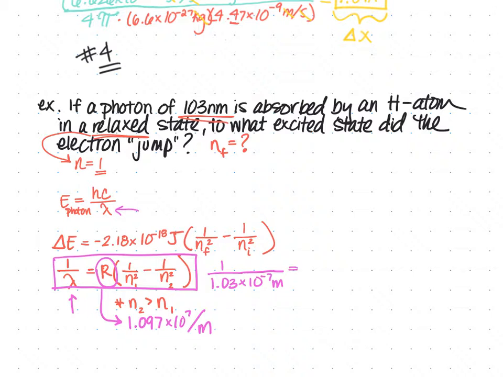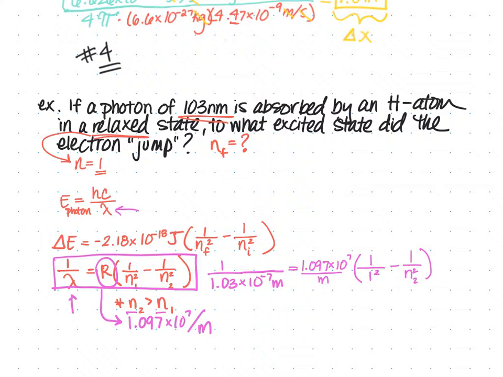That is equal to the Rydberg constant, 1.097 times 10 to the 7 per meter, times 1 over... now I know that n2 is greater than n1, since the electron started at n equals 1, the lowest possible quantum number that I can have. So I'm going to assign n1 as 1, square that, minus 1 over n2 squared.